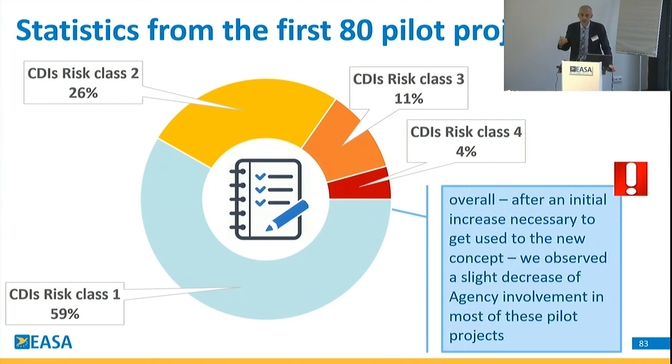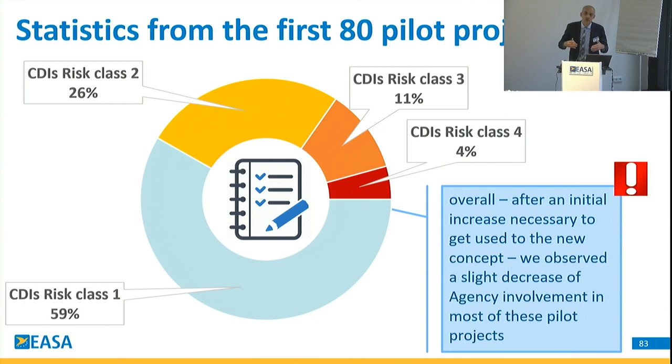For these CDIs, there was no more involvement of the agency after the acceptance of the certification program, while 26% of the CDIs were in risk class 2, 11% in risk class 3, and 4% in risk class 4.